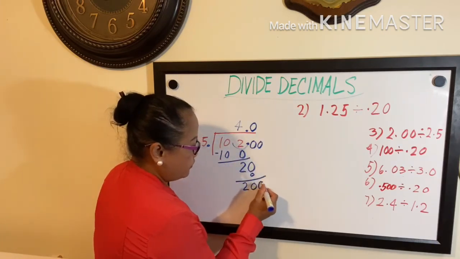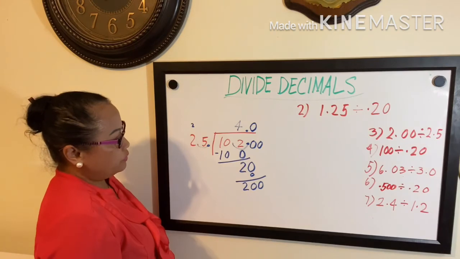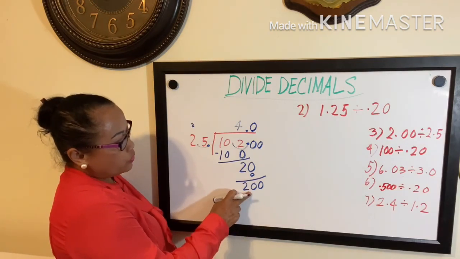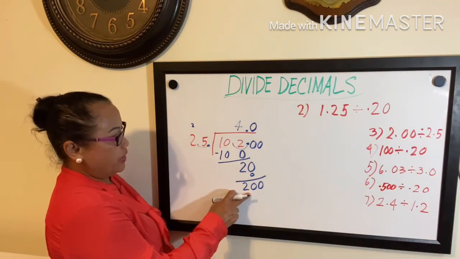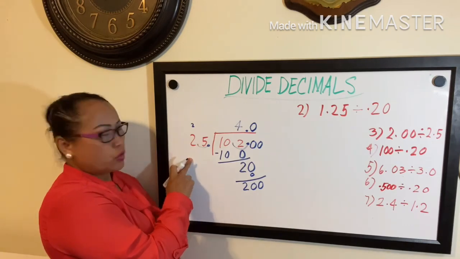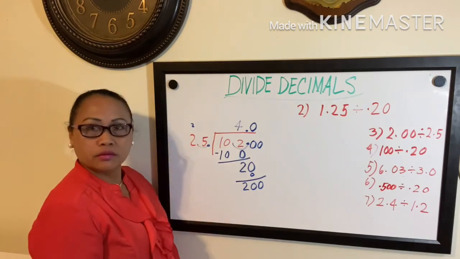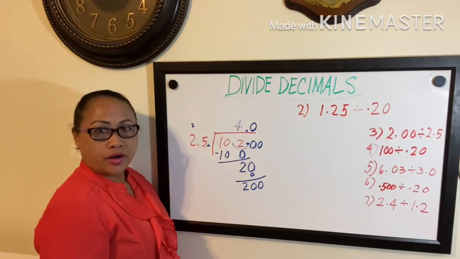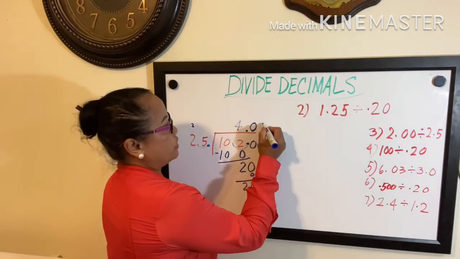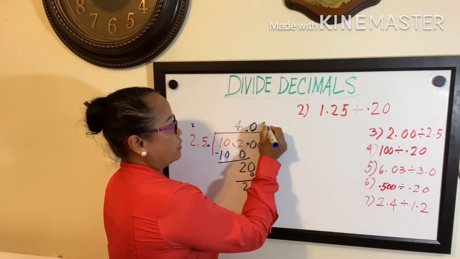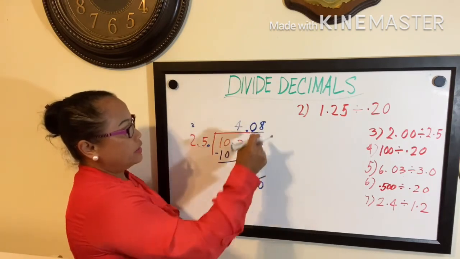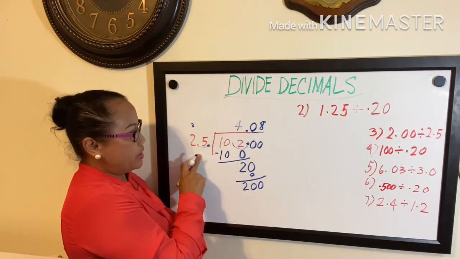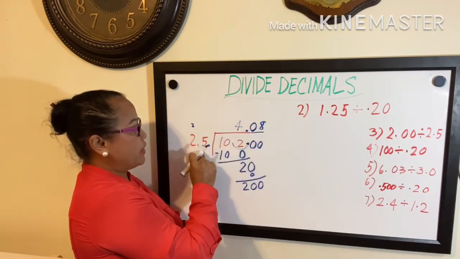So now 200 divided by 25. So how many 25 in 200? There are 8. So here, 8. And then 8 times 25, or just 8 times 5 is 40.